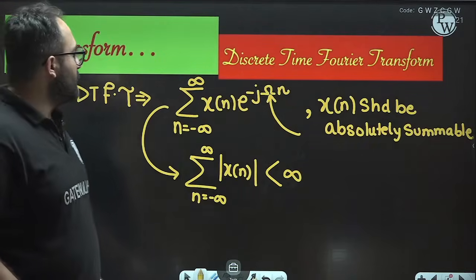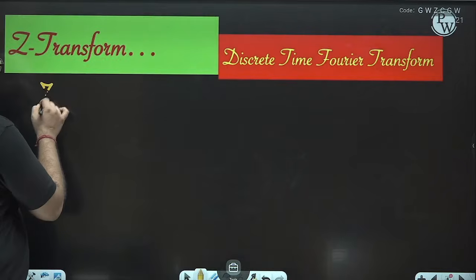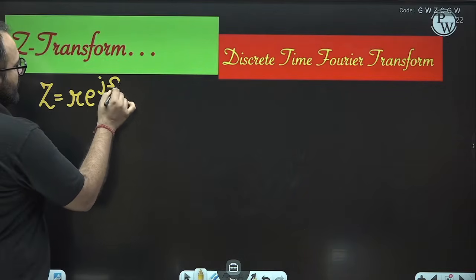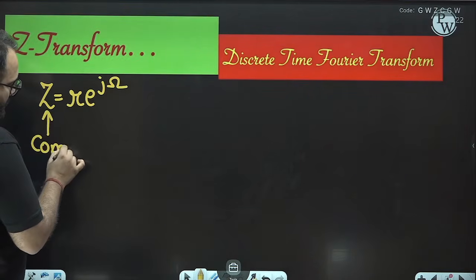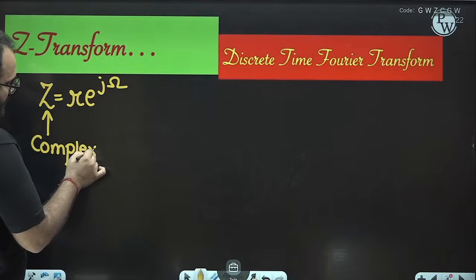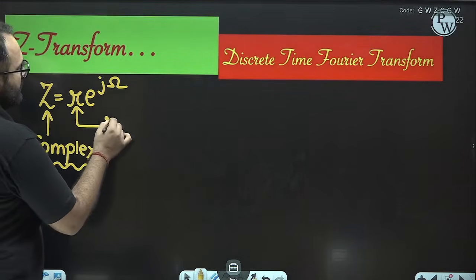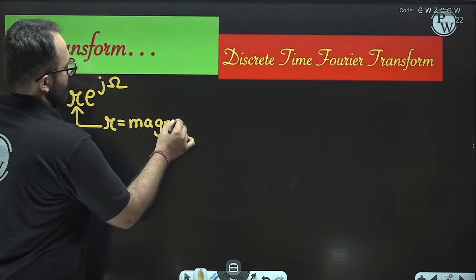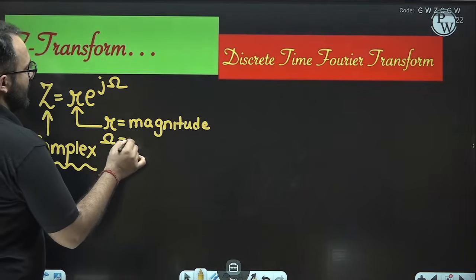Now, let's move on to what is Z transform. Z is a variable that is r e to power jσ, so it is a complex variable, where r is the magnitude and σ is the angle.